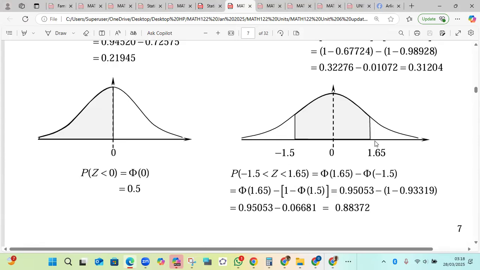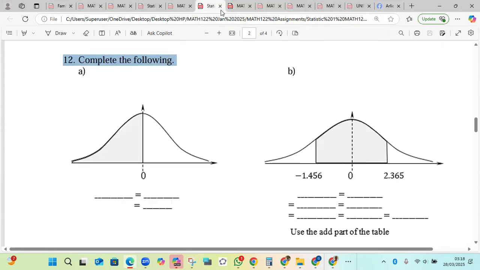So imagine 1.5 here, we find phi of 1.5, which is a big chunk, and we subtract it from 1, which will give us the right tail, which of course will be equivalent to the left tail. And this will give us 0.06681, and we subtract the two. The difference will give us the area of this shaded region right here.